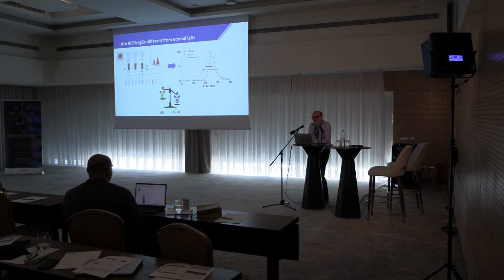Beautiful talk, Tom. I have a question. Is there any evidence of potential correlations between the ACPA IgG levels and other biomarkers that in combination could be correlated with disease prediction, as a way of improving the predictive performance of the ACPA IgG?